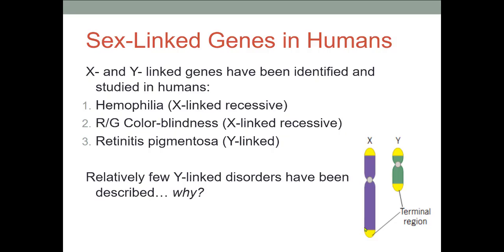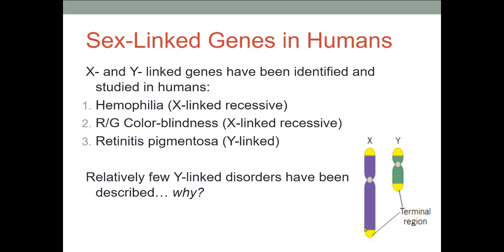Of course, there are sex-linked genes in humans. There are a handful of them that have been identified and studied. Hemophilia is a popular one people talk about, so that's an X-linked recessive trait. Red-green color blindness, another X-linked recessive trait, and a condition called retinitis pigmentosa, which is one of the very few Y-linked traits out there.